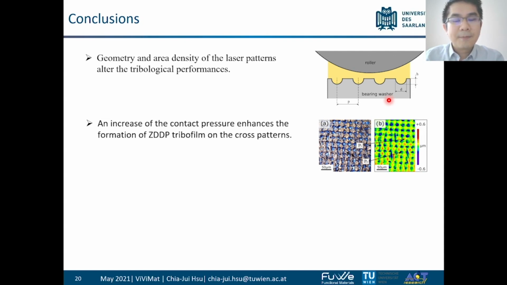And second is an increase of contact pressure enhances the formation of ZDDP tribofilm on the cross patterns. So by having the contact simulation, we know that the increase from 3 gigapascal to 7 gigapascal is more on the cross 30 sample.